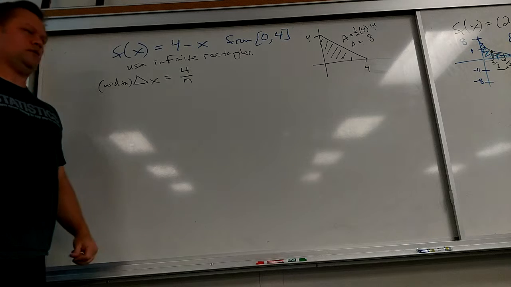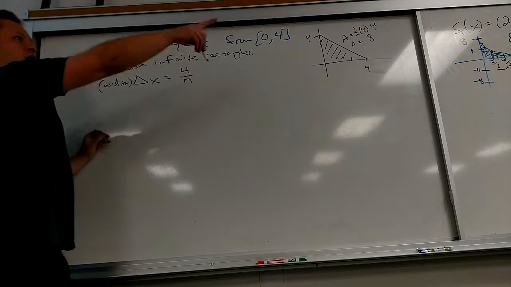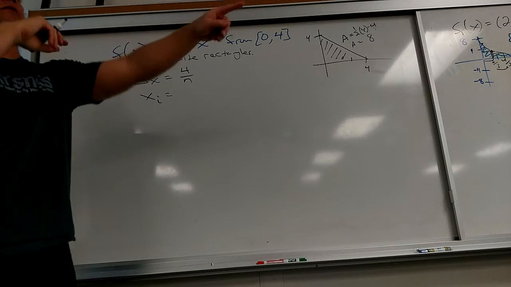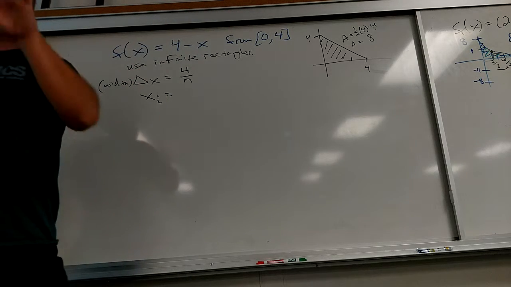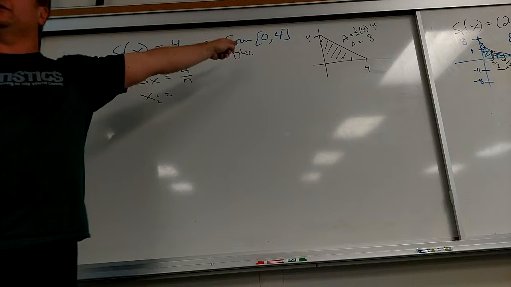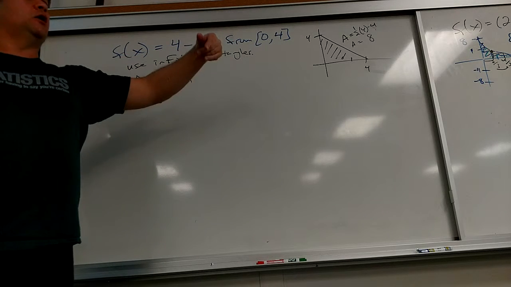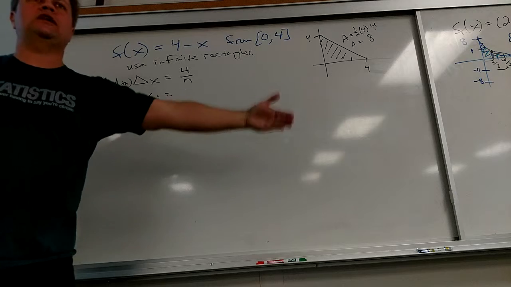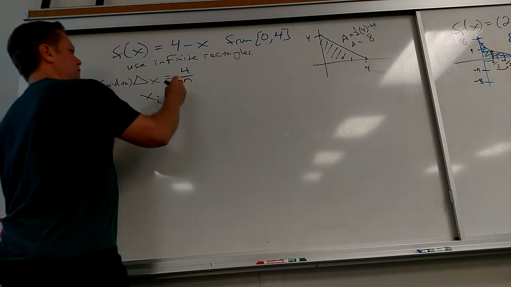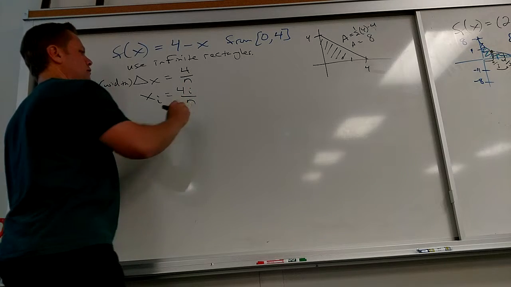Now I can figure out xi. In this case, what's A? Where does this all start? It's going to be a little worse if A isn't 0, but for the problem I gave you, A is 0. So it's 0 plus each step I take. If I take i steps, xi is 4i over n.